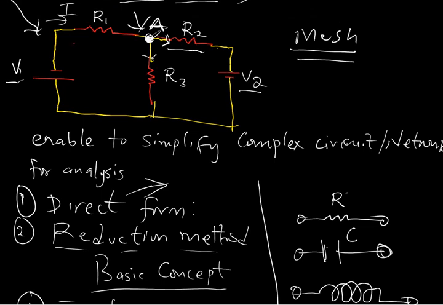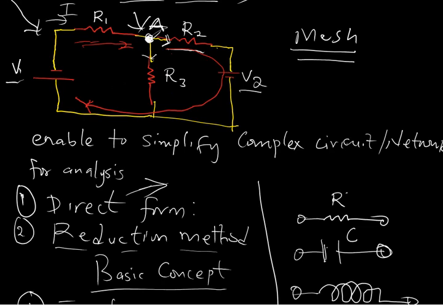But the other way around, if I trace the current to flow like this all the way, then I pass through the junction and go all the way around. So you now discover that this is not a mesh. I've just gone around a loop that contains two meshes.